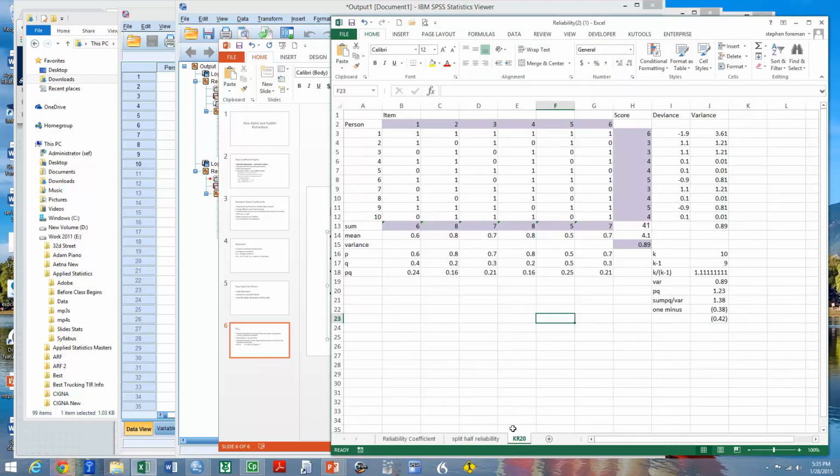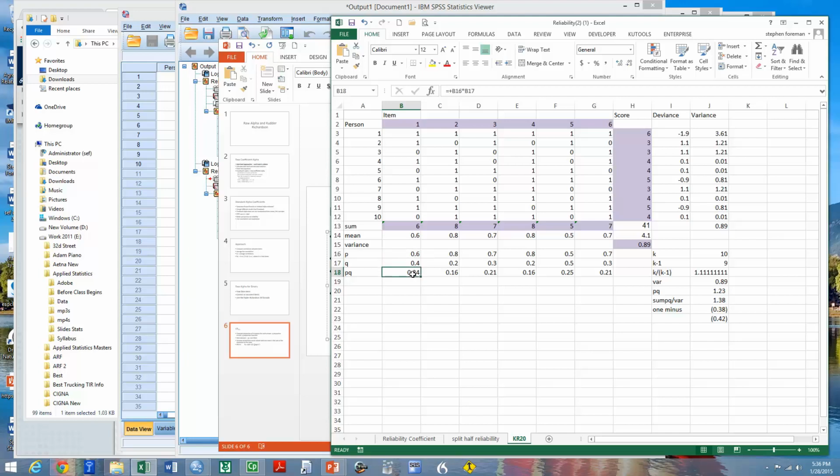Here, I did a Kuder Richardson 20 on a 10-person, 6-item test. 10 people took a test with 6 items, and here are their right or wrong scores. So you sum up the scores for each person, sum up the scores for the item, find the mean for the item. The variance is the mean times 1 minus the mean.